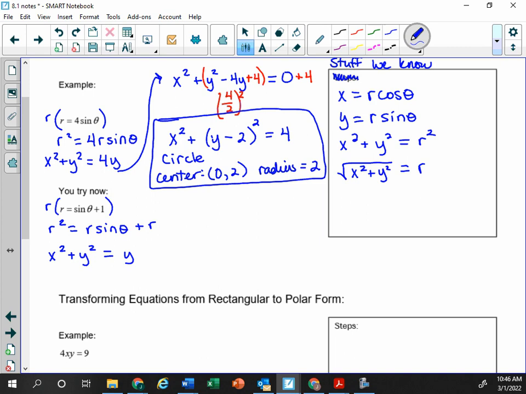Y plus, what does r equal? Yes, square root of x squared plus y squared. Guys, that is not the equation of a circle, okay? That is just an ugly rectangular equation, and you're done. You don't have to do anything else with that.